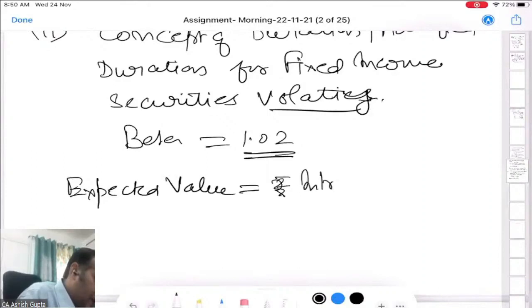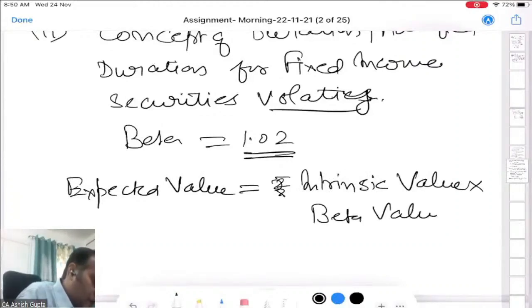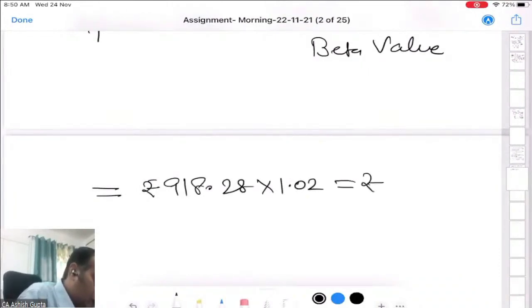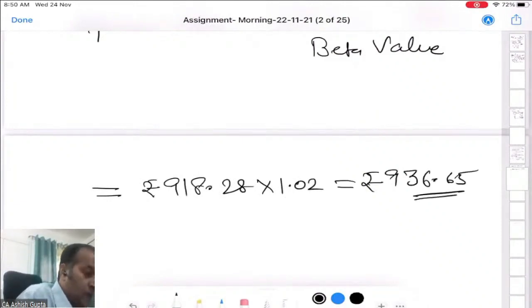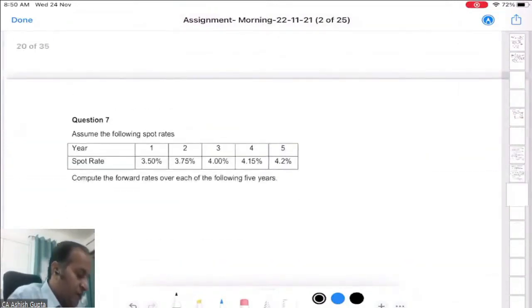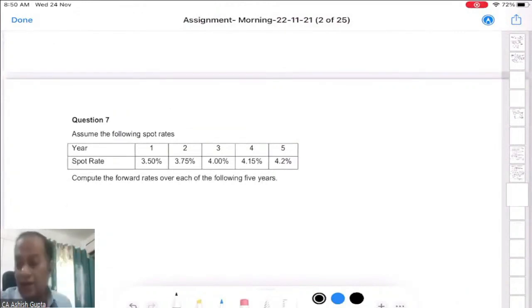So we can say that intrinsic value. Okay, students. Now I'm coming to question number 7.